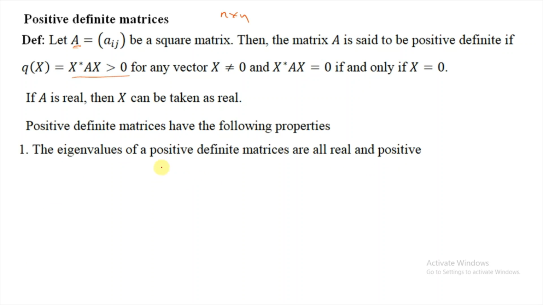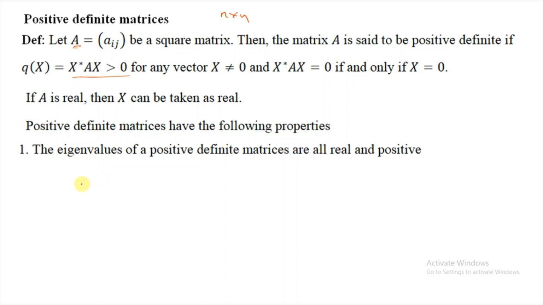Generally, we take symmetric matrices. The eigenvalues of a symmetric matrix are always real. Not only symmetric matrix, whatever real matrix. See, the eigenvalues of positive definite matrices are always real and positive.